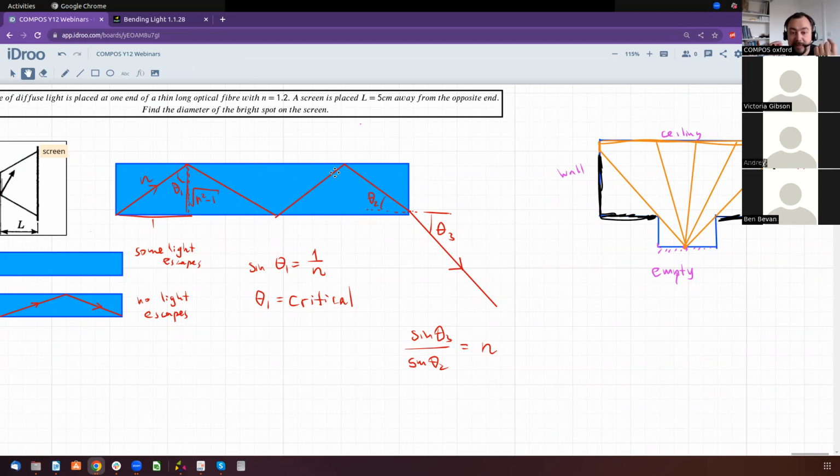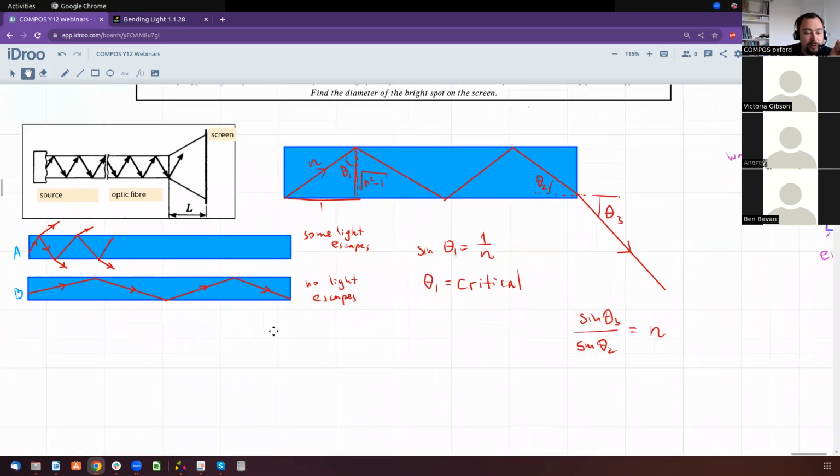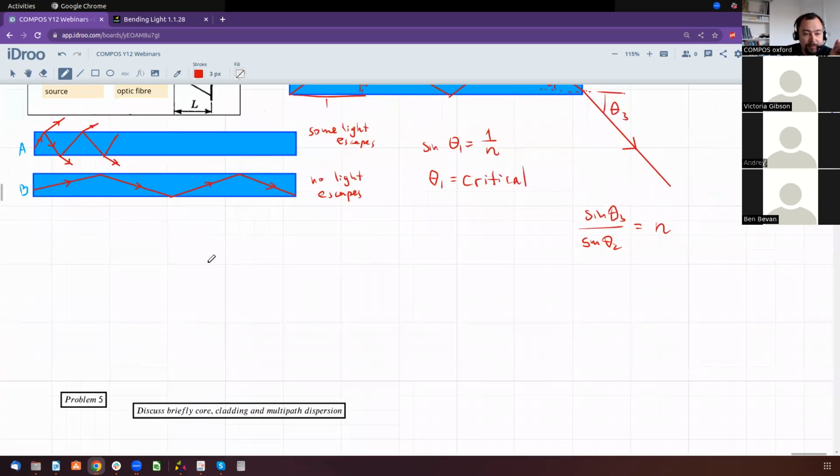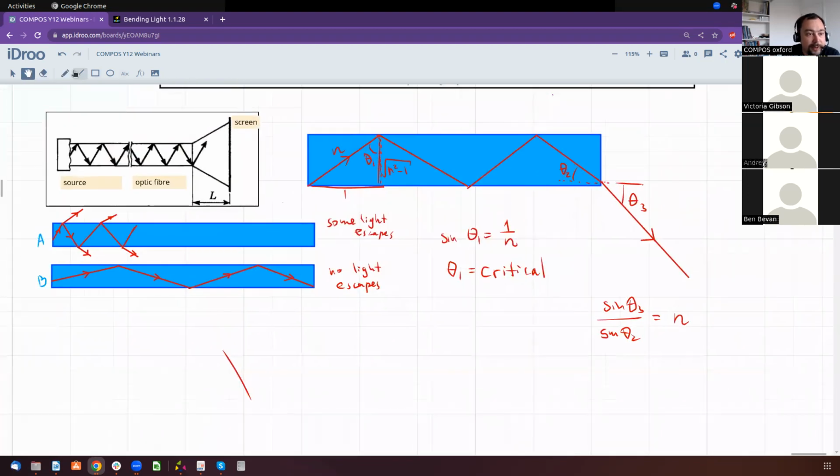The thin bit means that the thickness doesn't play a role. So it's just a point, the end point. So here, this side is very, very small. So basically what we need is this is L, this is θ3, and this is the radius.